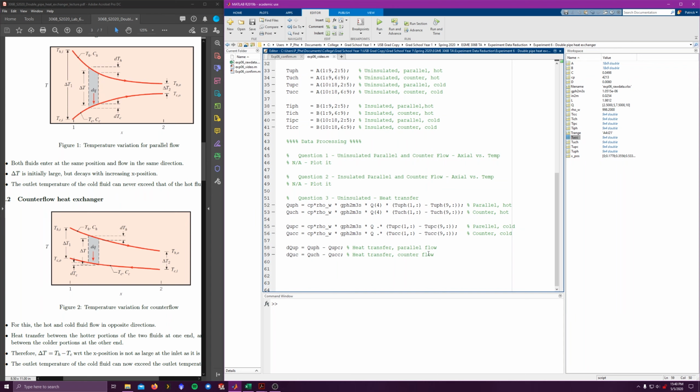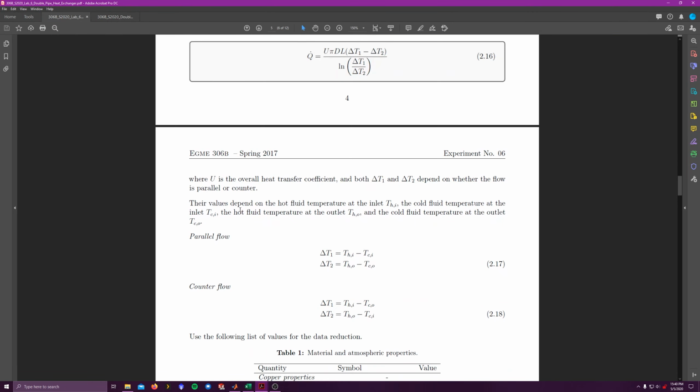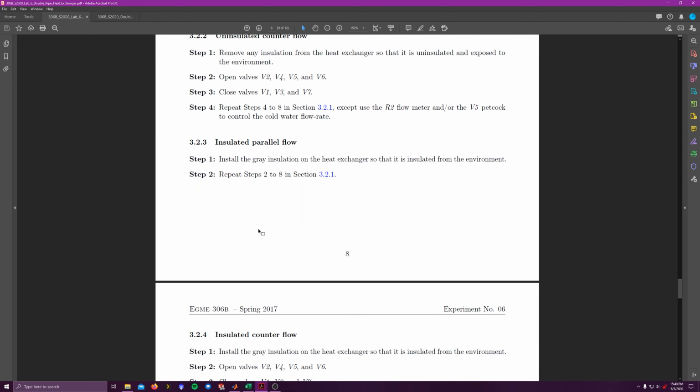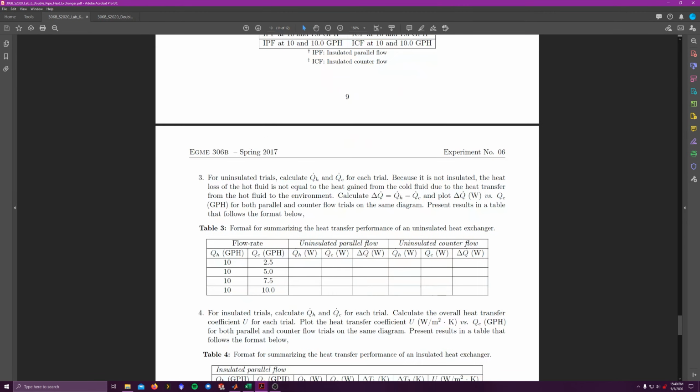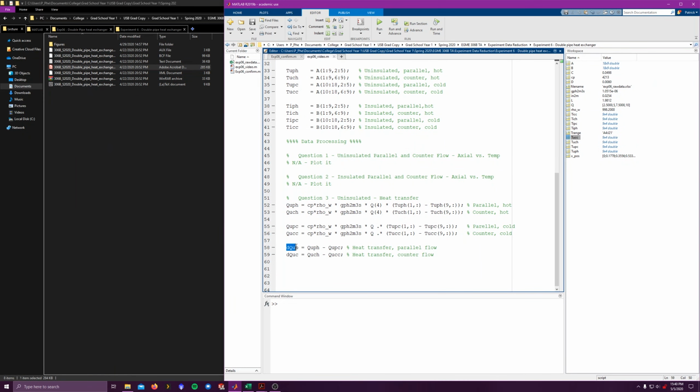Now we're going to look at our delta Q. So let's go back to the lab handout, to the data reduction. It says to calculate delta Q dot equals Q dot H minus Q dot C. We're doing delta Q dot for the parallel flow and for the counterflow, and then the U, that's for uninsulated.